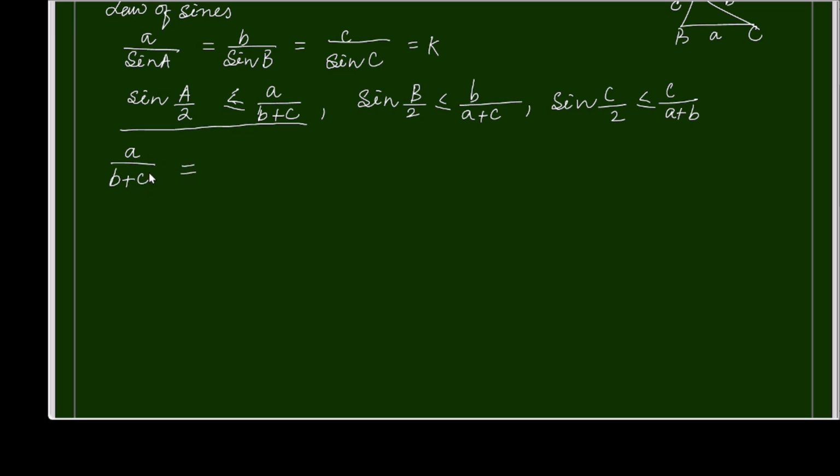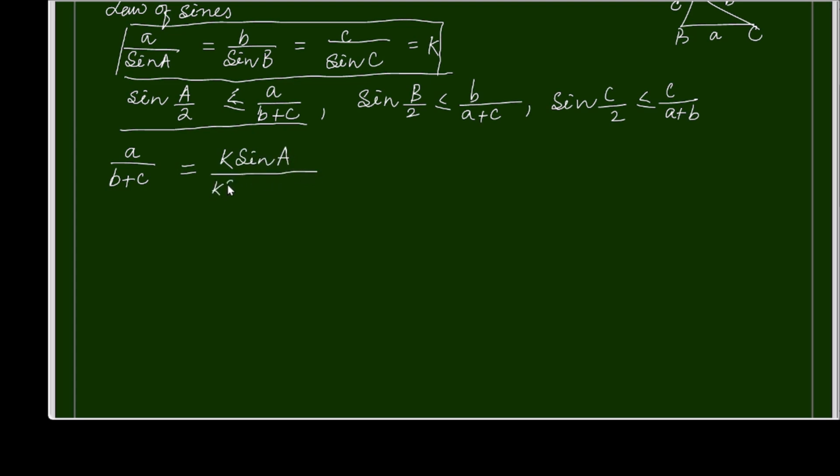For small a, I am taking this ratio now, because I have taken each ratio as a constant k, so instead of side a, I can write k times sine angle A, and for b, k times sine angle B, and k times sine C. So a is equal to k multiplied by sine A, b is equal to k multiplied by sine B, c is equal to k multiplied by sine C.